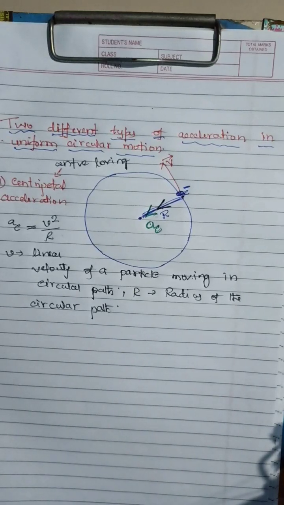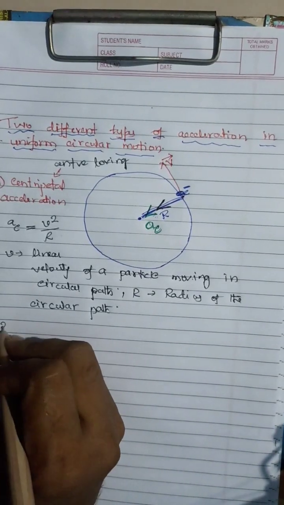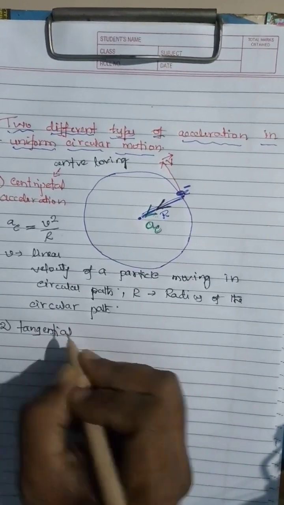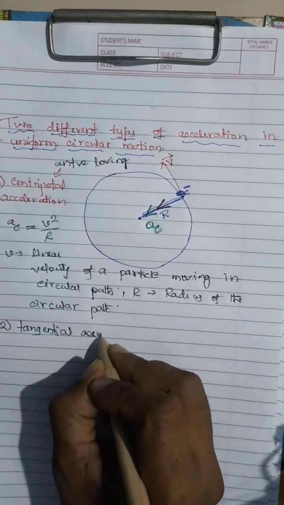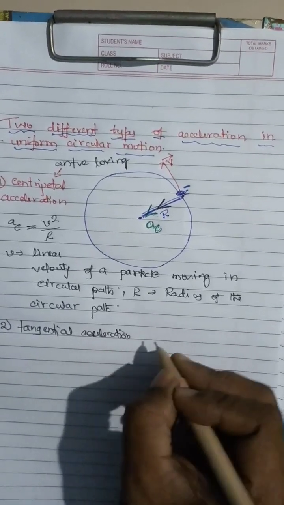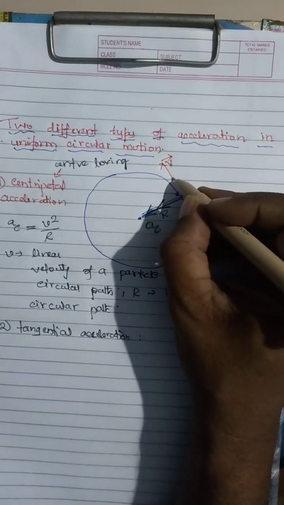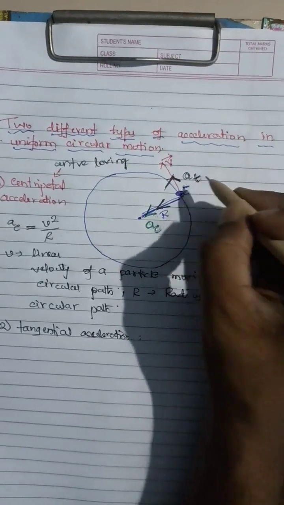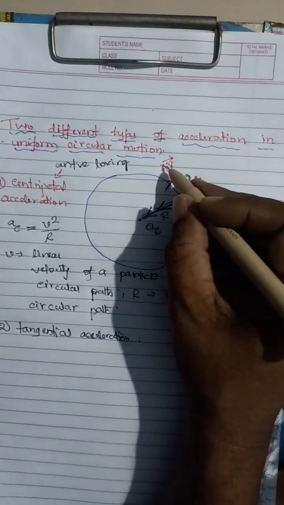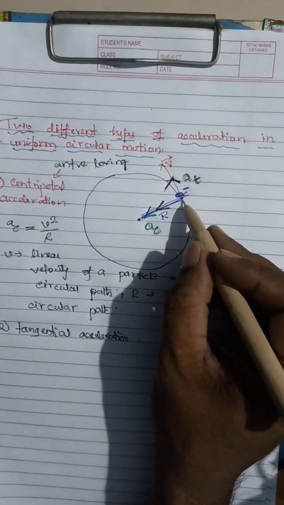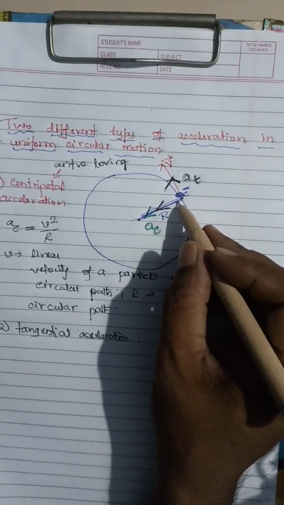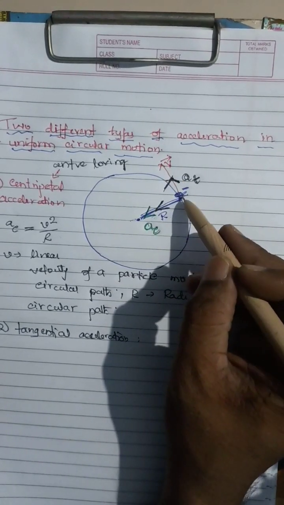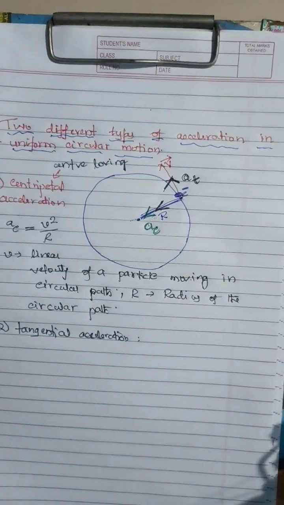And one more type of acceleration exists. It is tangential acceleration. From the name itself you can understand, tangential acceleration is along the tangent, along the velocity. Radius is towards the center, centripetal acceleration is along the radius, and velocity is along the tangent, so tangential acceleration is along the tangent.